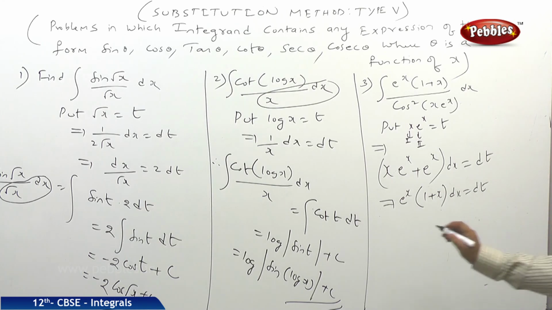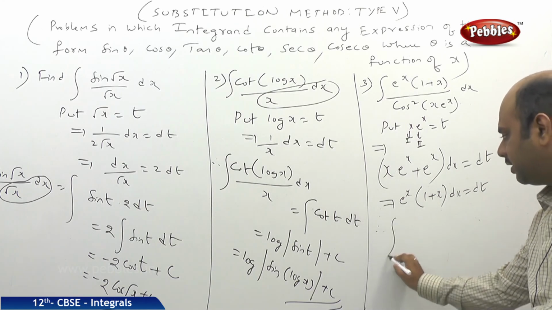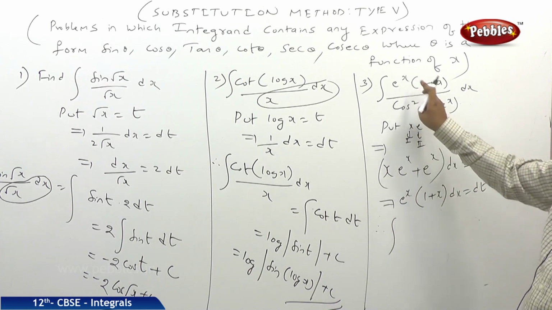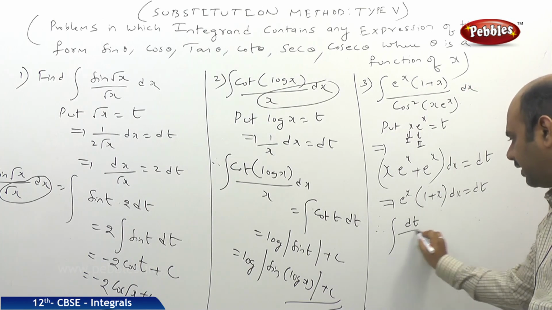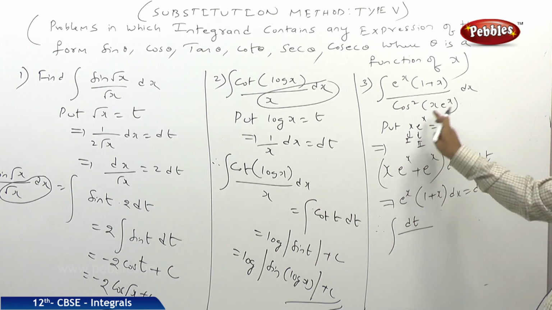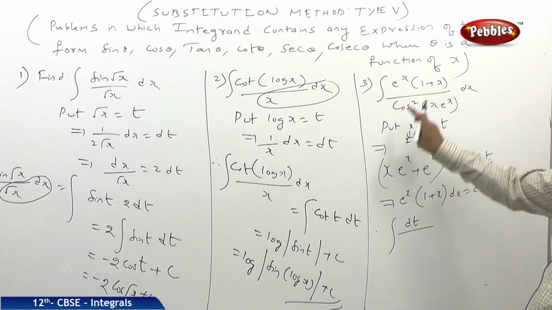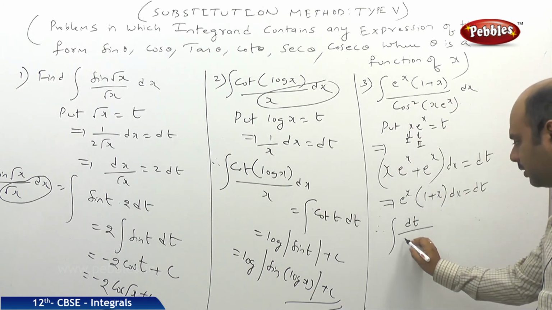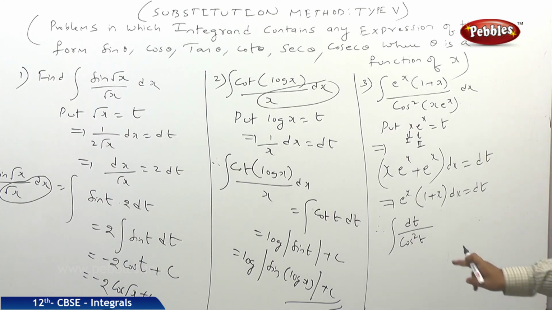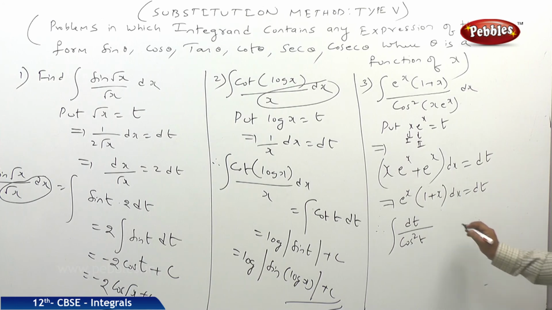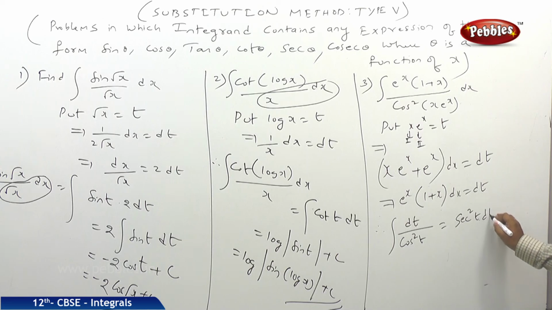Therefore, our function will turn down to e power x into 1 plus x dx, meaning dt, divided by, since I consider x e power x as t, the denominator becomes cos square t. So finally, we need to evaluate integral of dt by cos square t. 1 by cos square t means integral of secant square t dt.